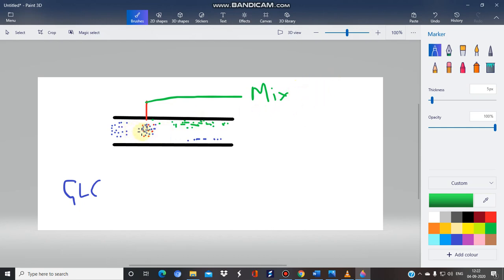The interaction starts between your analytes, or you can say the components of the sample, with the stationary phase. And we know the nature of the stationary phase in this case is high boiling point. And the function of the gas is to move. The gas particles will carry all the analytes which are present in this particular mixture.